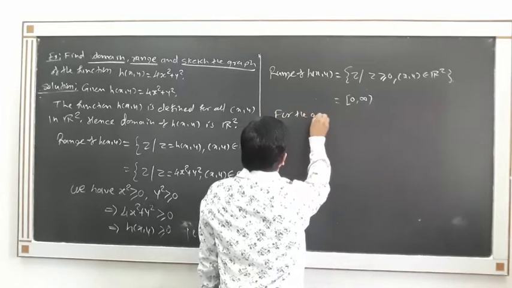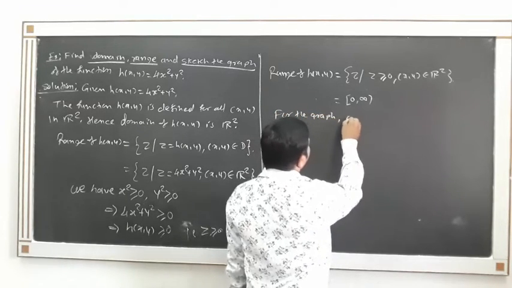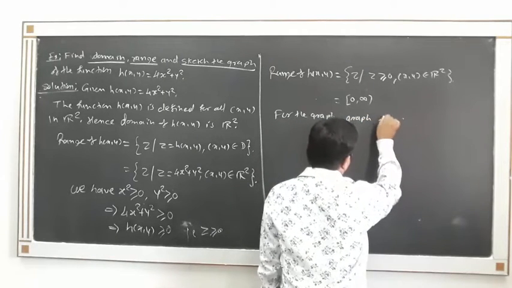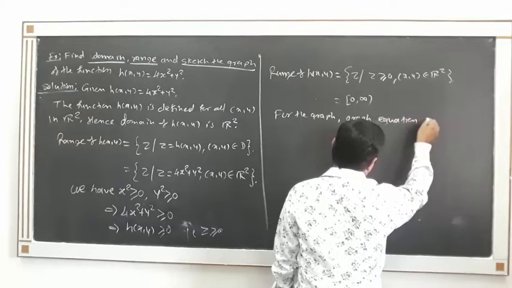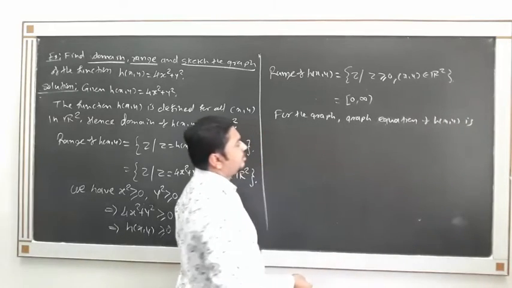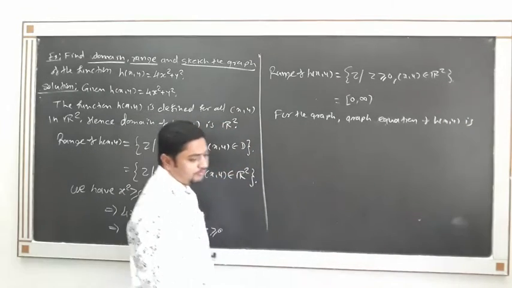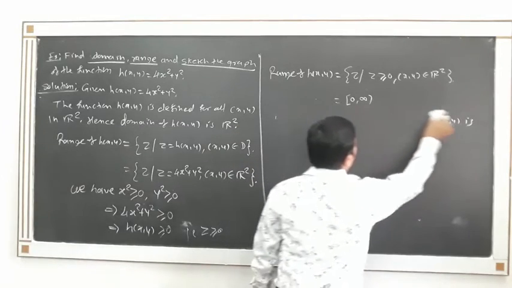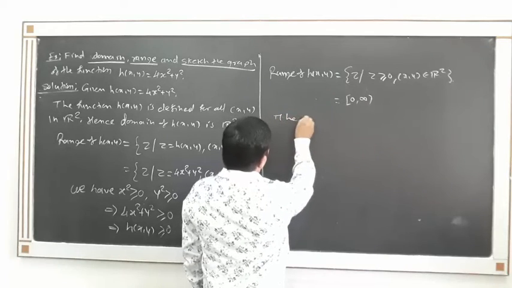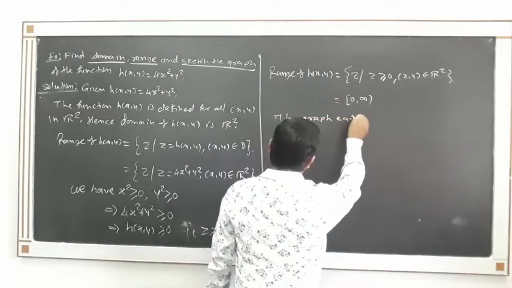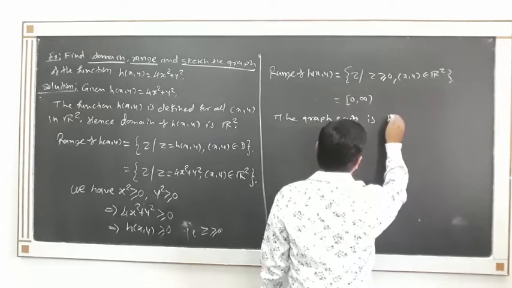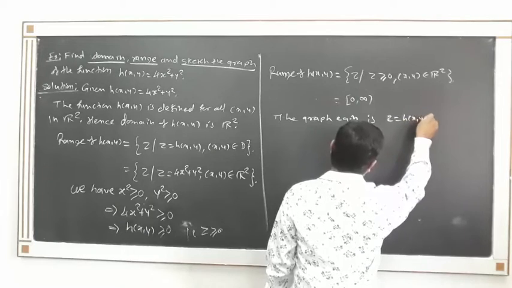For the graph, the equation is z is equal to h(x,y).